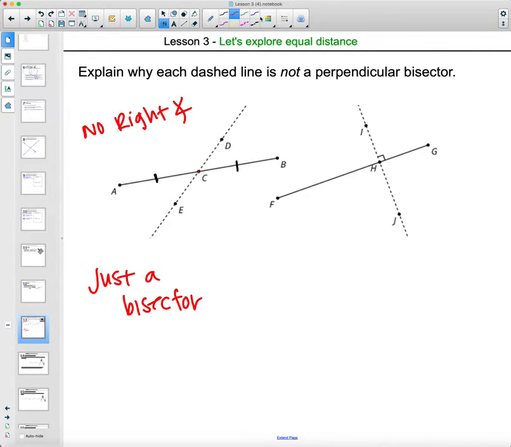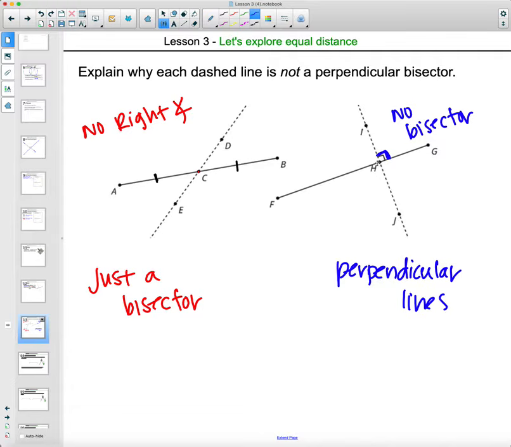This one over here only has the 90-degree angle, so no bisector. So these ones are just perpendicular lines. Lines that intersect and hit at a 90-degree angle are perpendicular lines.